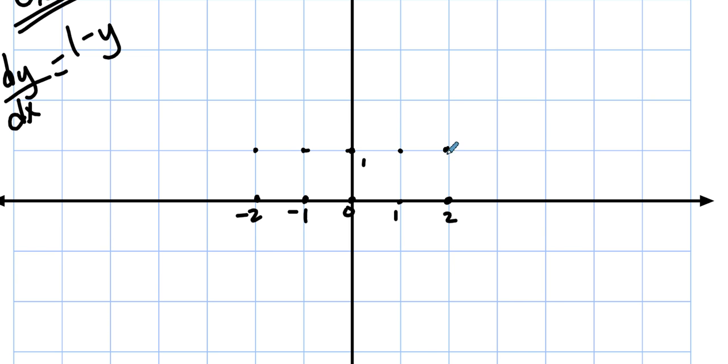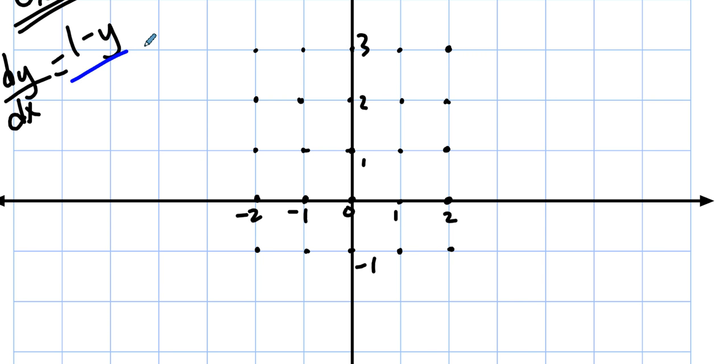That's just changing the scale so that I can go all the way up to 3 on the y-axis. And maybe we'll only go down to -1 on the y-axis. Let's just take a look at this part of the coordinate plane.